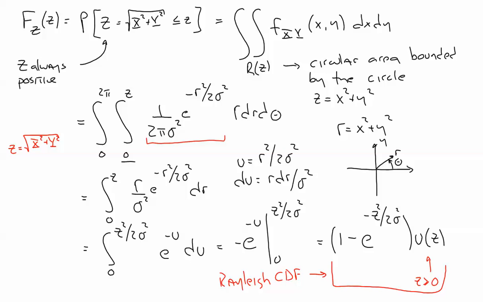What about the probability density function? Let's remind ourselves what the cumulative distribution function is. The CDF was this, 1 minus e to the minus z squared over 2 sigma squared u of z. Take the first derivative of that to get the PDF.